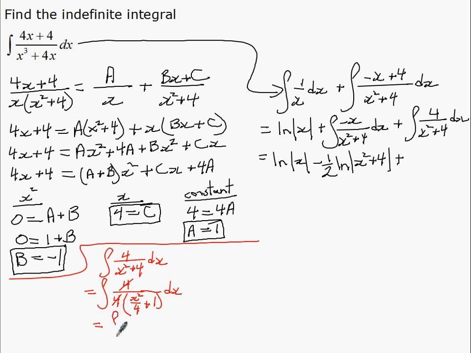And continuing, if I write it this way, x squared over 4 is x over 2 squared, plus 1, dx. So all I've done is factor out the 4, and then I wrote x squared over 4 as x over 2 all squared. Now I'm going to set u equal to x over 2, meaning du is going to be dx over 2, or 2 du is dx.